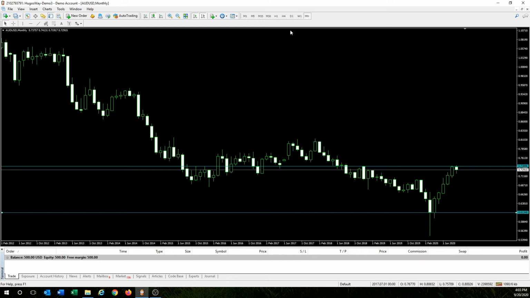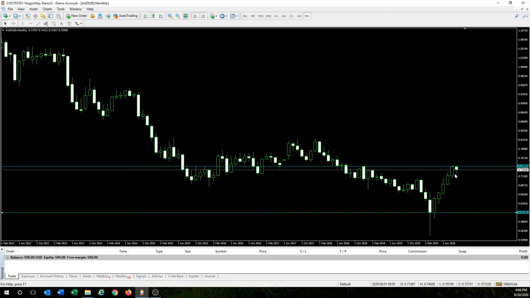Now, see how easy it is to just switch to the monthly chart, and you can get a good understanding of what has happened as far as price. In the last 6 months, 1 Australian dollar has been able to buy more US dollar. So you can see here, let's go back to AUD USD. What does this chart mean? It means 1 Australian dollar will buy how much US dollar.